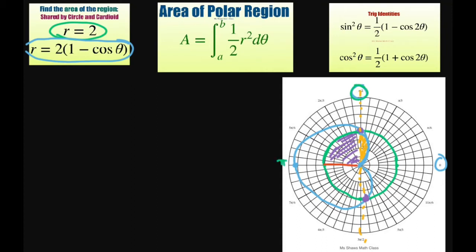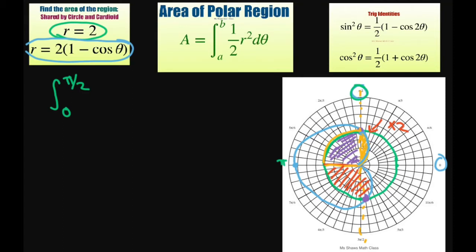And then, of course, that is just this first half of it. So we have this half here. We also have this lower half in this area. So all I'm going to do is find this area and multiply it by 2 to get the full shared region. So we're going to set it up as the integral from 0 to pi divided by 2. This is the one where the border is the cardioid.